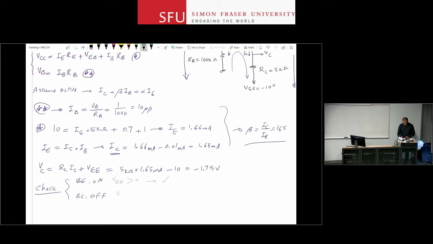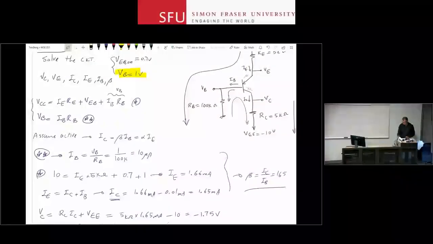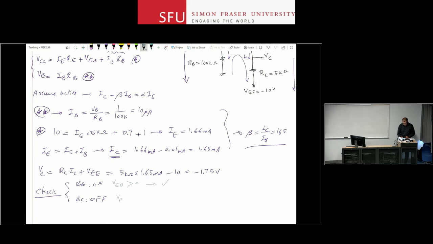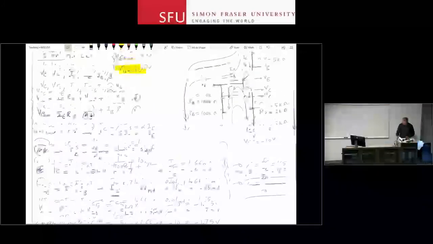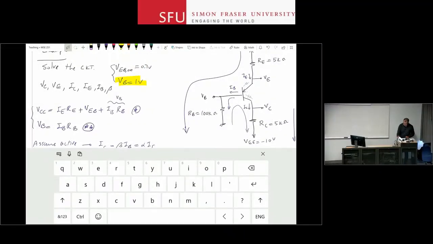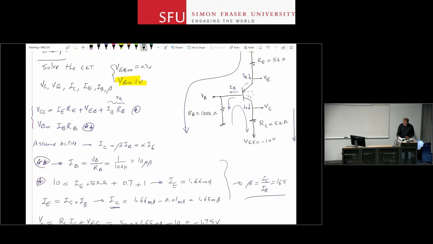BC off, I calculate VBC. I know VC is minus 1.75. VBC is 1 volt on the base side minus 1.75 volt on the collector side. That's 2.75. Well, it is positive, but this is VBC, right? I actually should look at VCB if I want to talk about that diode specifically.